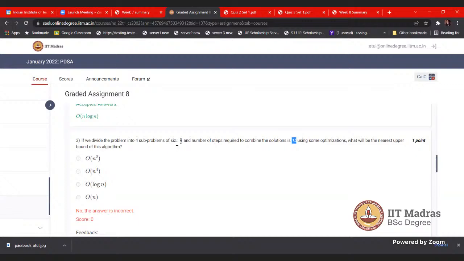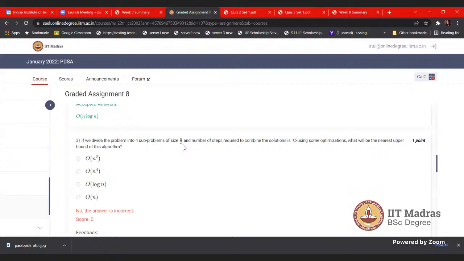by 2. If you combine this n by 2 four times, it will not become equal to n. So n by 2 plus n by 2 plus n by 2 plus n by 2 becomes 4n by 2. That means the size increases if we divide the problem into 4 subproblems of size n by 2.